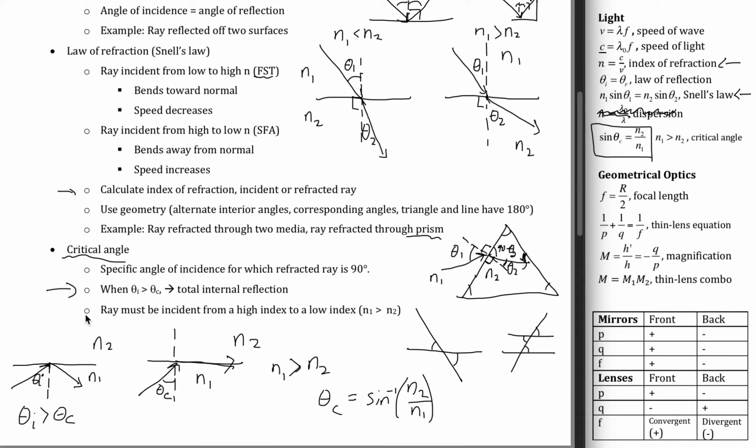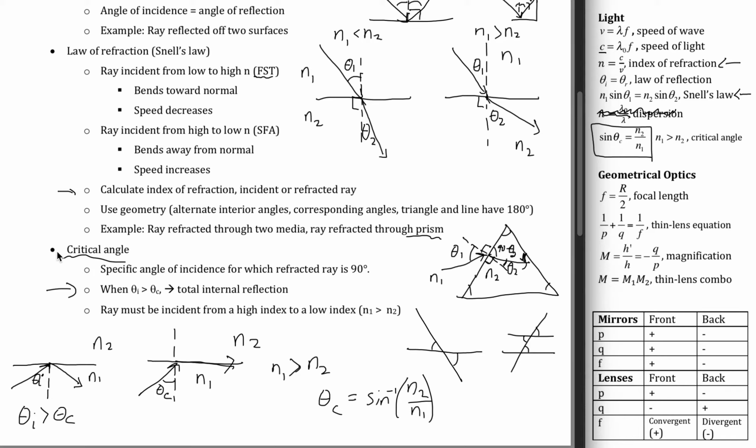So the first thing that you should do whenever you are traveling from a high index to a low index is go ahead and calculate that critical angle so that you know what the diagram is going to look like. If theta I is greater than theta C, then it's going to look like this.